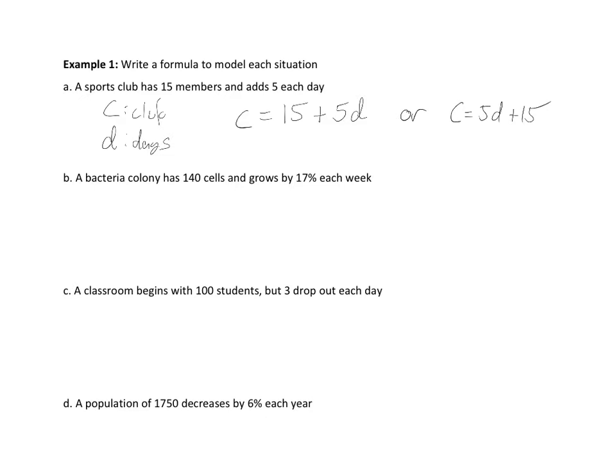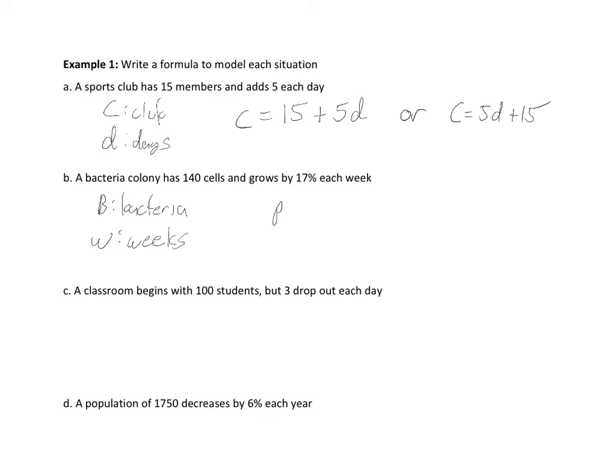Okay. B says a bacteria colony has 140 cells and grows by 17% each week. So we've got a percentage growth rate here. So let B be the bacteria, or really the number of bacteria. And it's growing each week, so we're going to let weeks be our input.